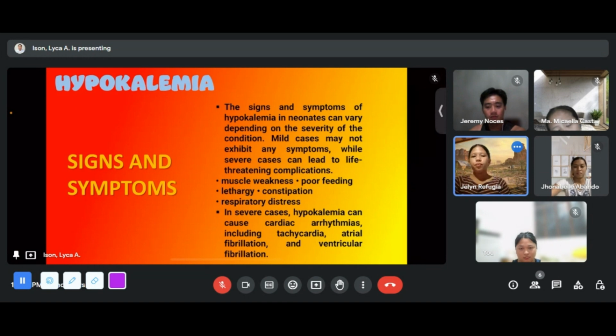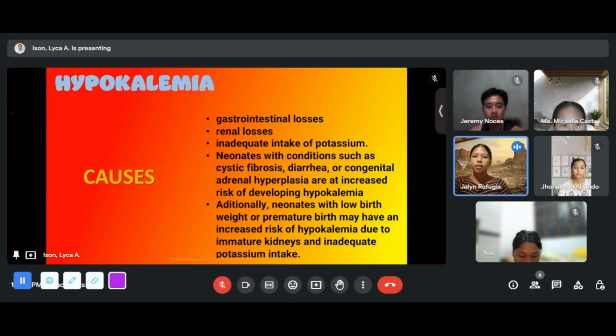So, pag severe cases naman, hypokalemia can cause cardiac arrhythmia, including tachycardia, atrial fibrillation, and ventricular fibrillation. Pag sinabi nating tachycardia, umaabot na sa 230 beats per minute yung heart rate ni baby. So it can be caused by an additional electrical pathway within the heart.